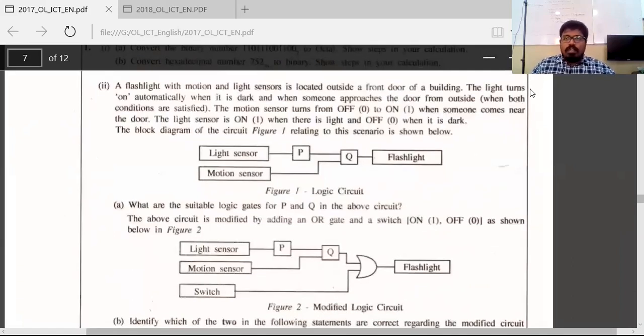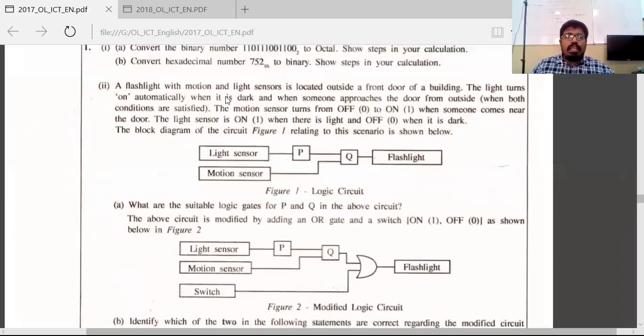Read the question. Consider a flashlight with motion and light sensors located outside the front door of a building. The lights turn on automatically when it is dark and when someone approaches the door from outside, within bracket, when both conditions are satisfied.